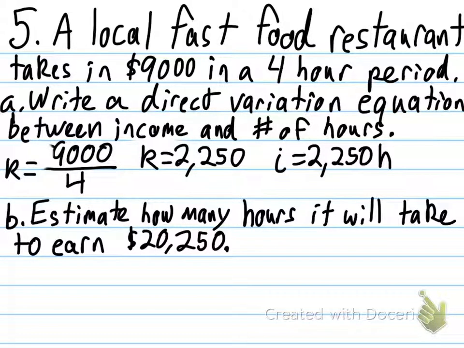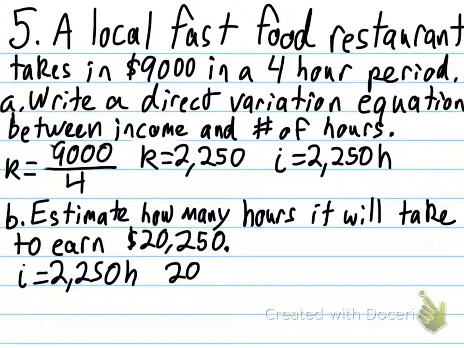And there we have our equation. Part B says estimate how many hours it will take to earn $20,250. So this is like the second part of our examples before. We're going to use this equation and we're going to substitute in where we're supposed to. So 20,250, that is our dollars, that's our income.